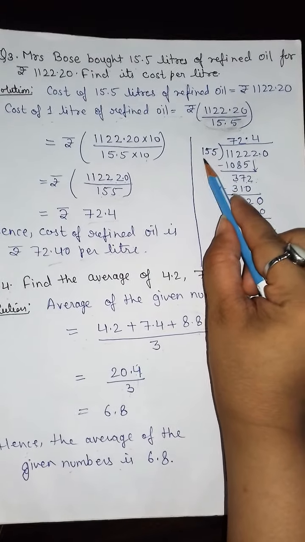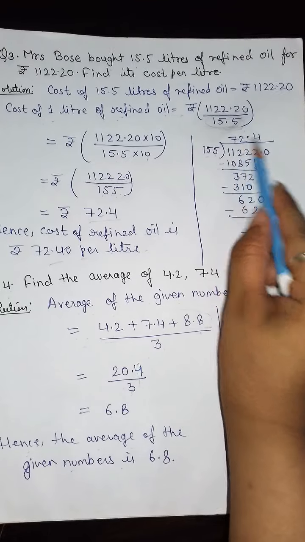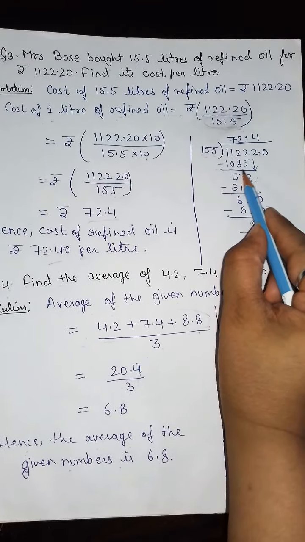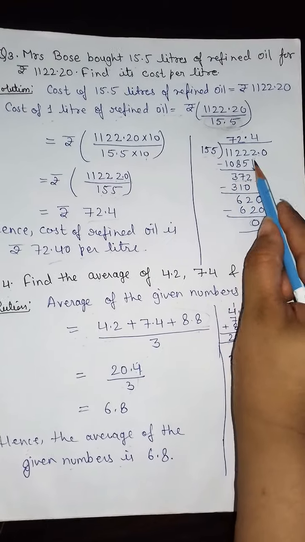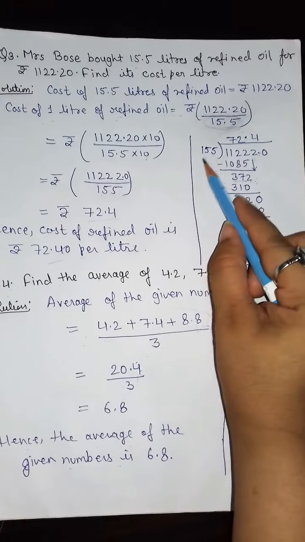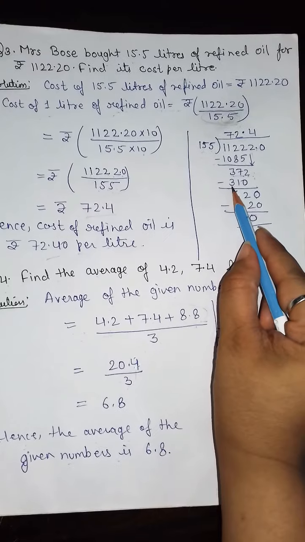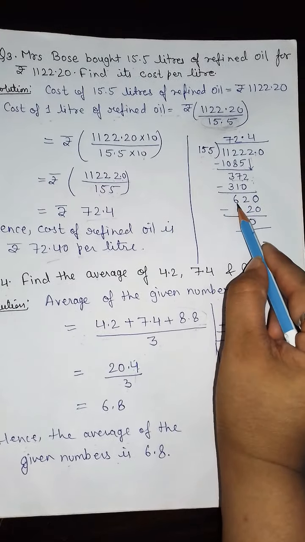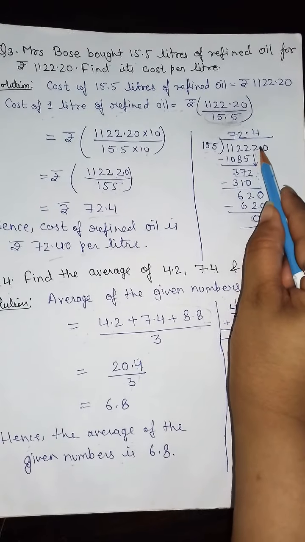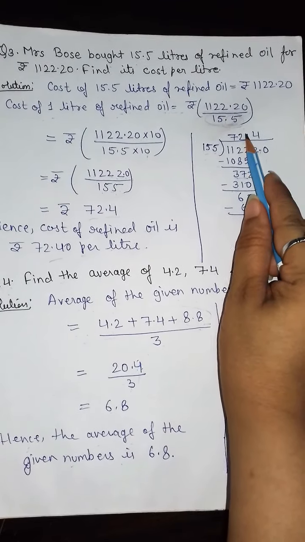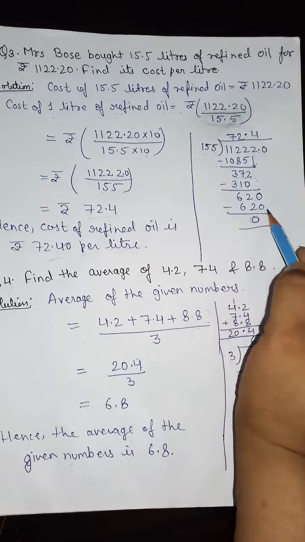Now divide as we divide whole numbers. So here 155 sevens are 1085, subtract, 37 remainder. Now write down 2 here, 155 2s are 310, subtract and the remainder is 62. Now first put the decimal point in the quotient and write down 0.